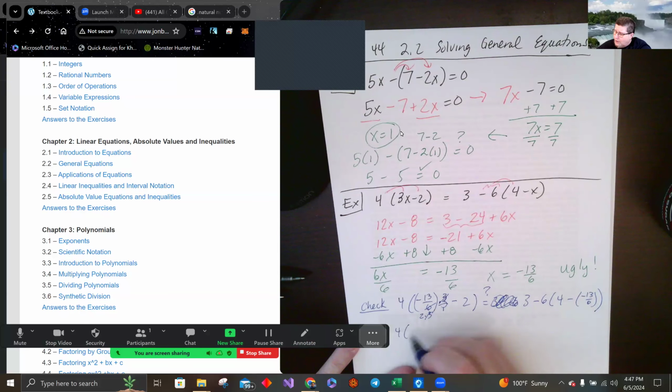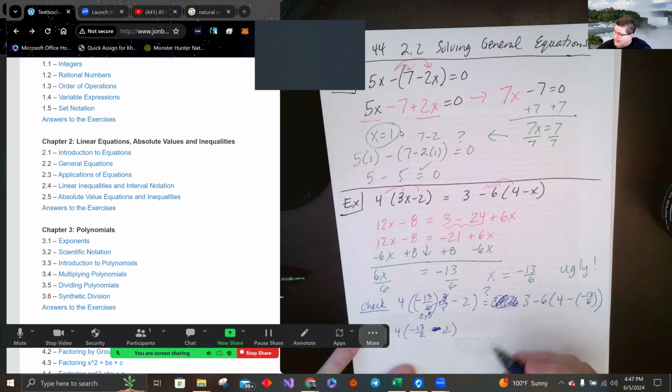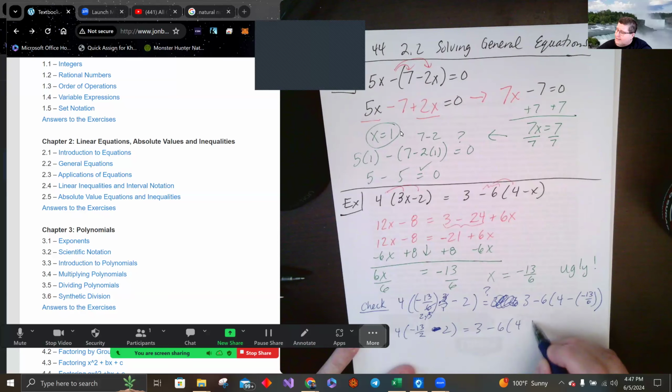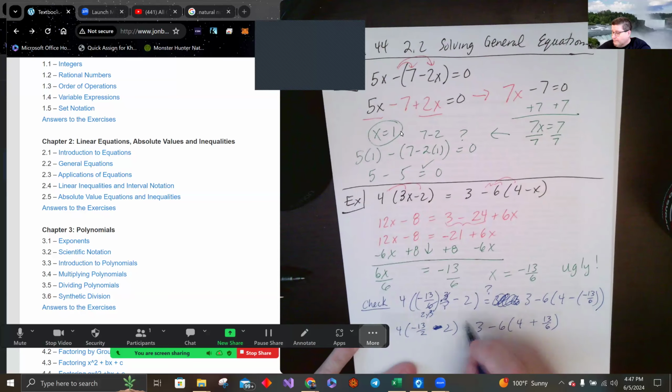I get 4 times negative 13 over 2 minus 2. Does that equal 3 minus 6 times 4 plus 13 over 6?